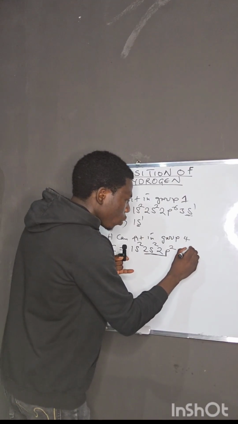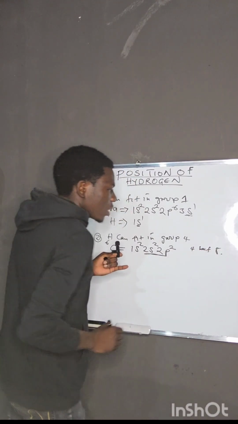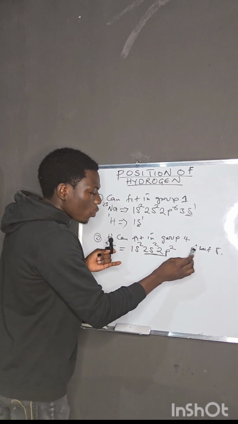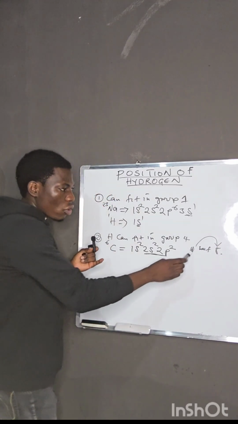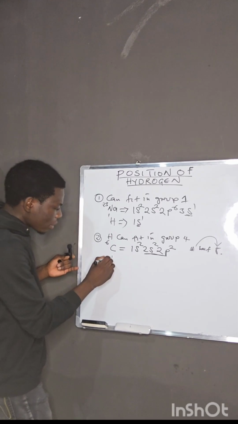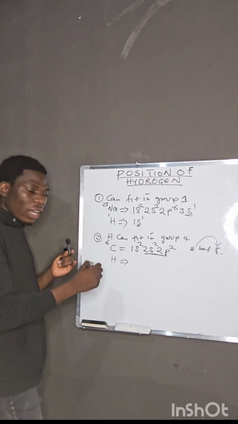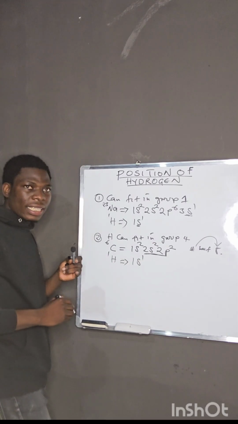So for carbon to be stable, it needs 4 electrons to reach the octet state, which is 8. So 4 is half of 8. Then, if we compare carbon to hydrogen, you are going to find that the electron configuration of hydrogen is 1s1 because it has a proton number of 1.